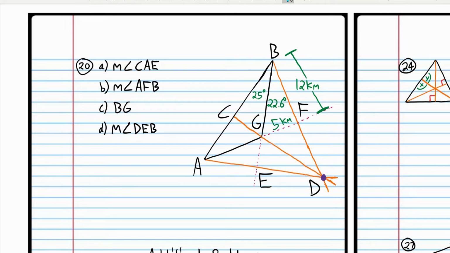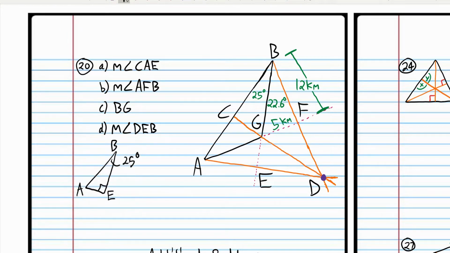So this is a right triangle. I'm going to pull that out and draw a picture of it. That's a 90-degree angle, and this is a 25-degree angle. And we're looking for angle A. That's E. Let me pull this down a little bit.